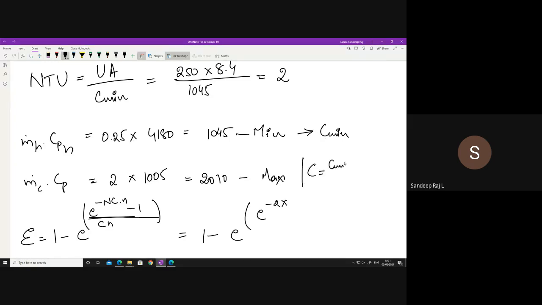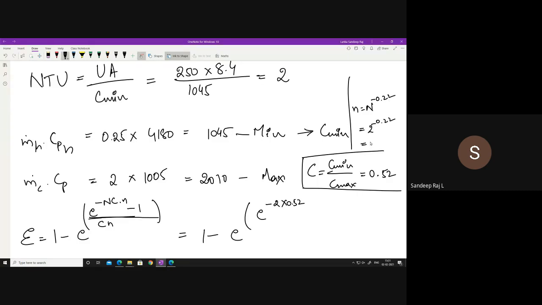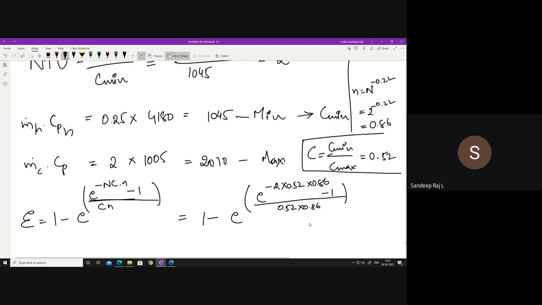The c value is c min by c max, 0.52. ఓకే, 0.52 ఇక్కడ సబ్స్టిట్యూట్ చేయండి. దెన్ ఇంకొకటి ఏంటి, small n వాల్యూ తెలియాలా. small n వాల్యూకి విడిగా ముందే చేసేసుకోండి, కన్ఫ్యూజన్. n పవర్ మైనస్ 0.22 అంటే 2 పవర్ మైనస్ 0.22 అనమాట. ఎంత చెప్పండి అది? 0.86. 0.86 by, and c into n, 0.52 to 0.86. Then we will get effectiveness.